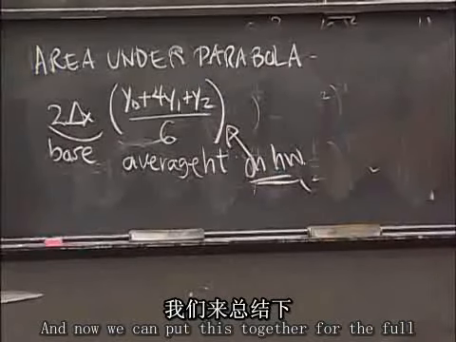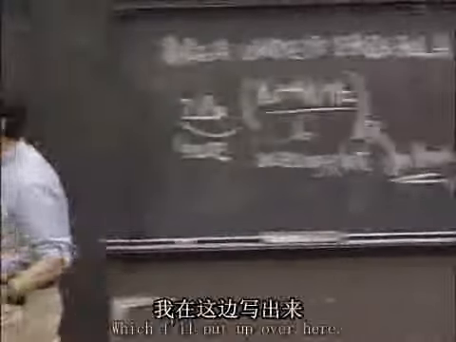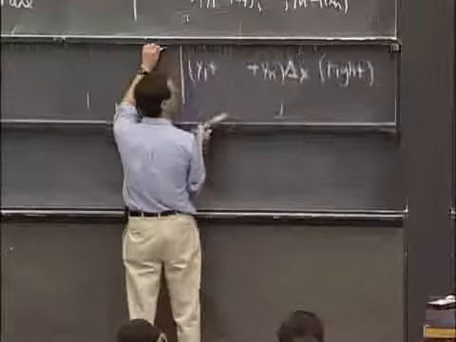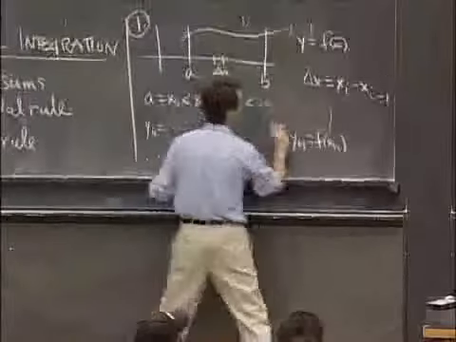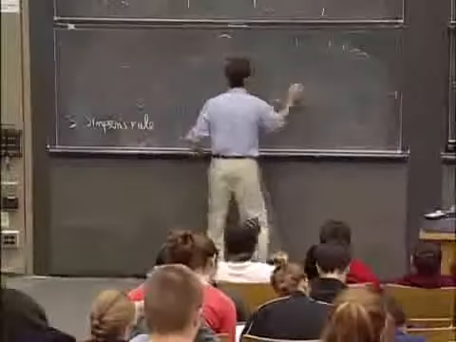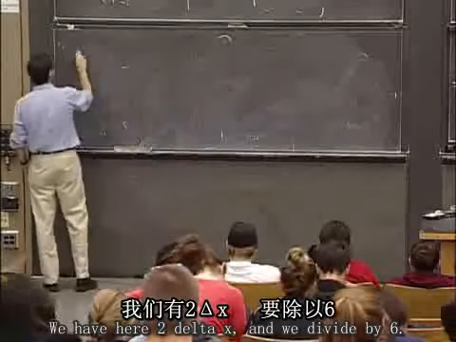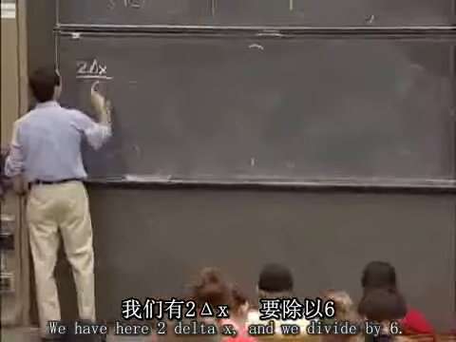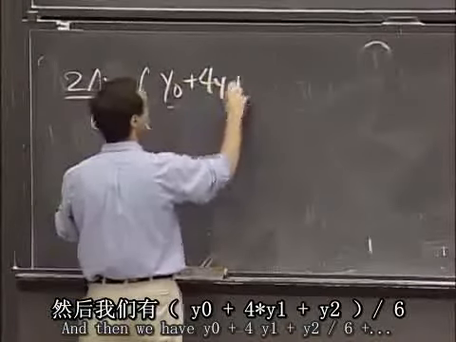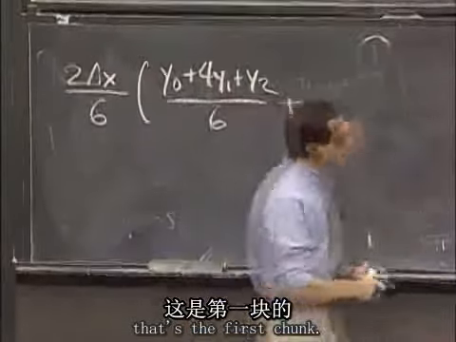And now we can put this together for the full Simpson's rule formula, which I'll put up over here. We have here 2 delta x, and we divide by 6. And then we have y0 plus 4y1 plus y2, that's the first chunk.